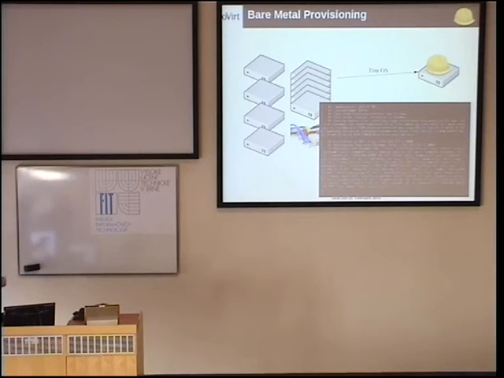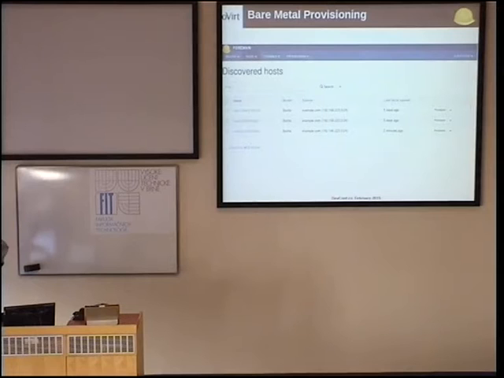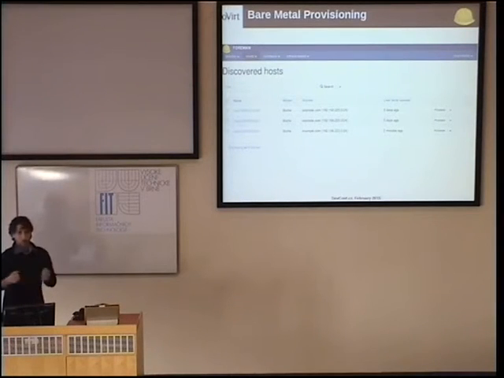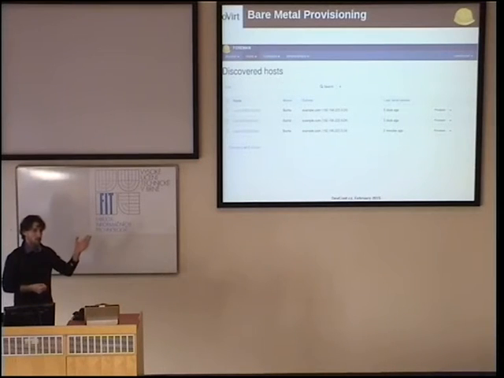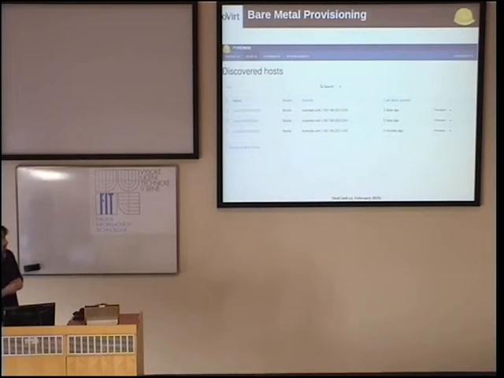And you get a list of all the new servers that you just connected to the network. Very nice and easy. Very nice to know what you connected. Even if you don't do the exact process of connecting them to the network, you can always know if someone else connected another server to the network. And again, the server doesn't need to include anything on it. You just connect it and it gets the operating system from the network.